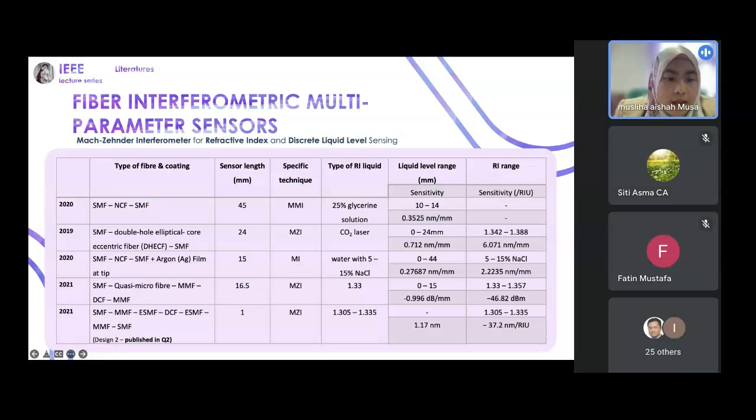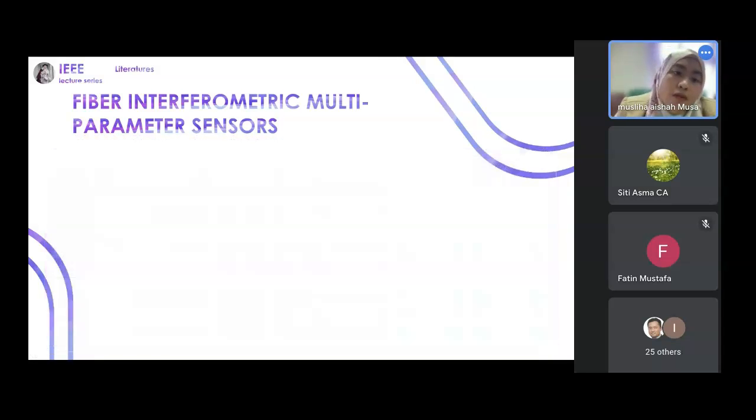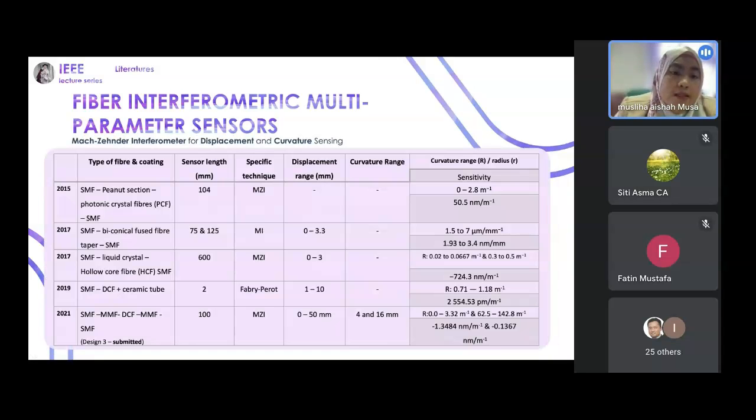Okay, for this one, in 2020 they use a local fiber, and also at the tip, for refractive index, they use SMF or argon film at the tip. Okay, so for the interferometer, displacement and curvature, this one is not for my case. I used it to test two displacement ranges and also curvature.